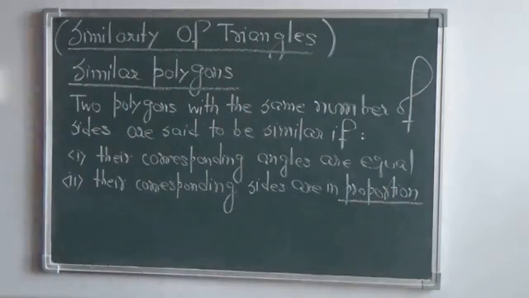They are not equal, but in proportion. When the angles as well as the sides are equal, they are congruent.